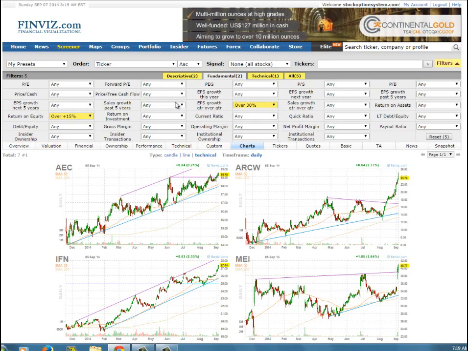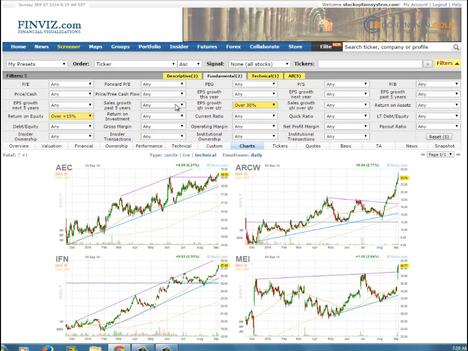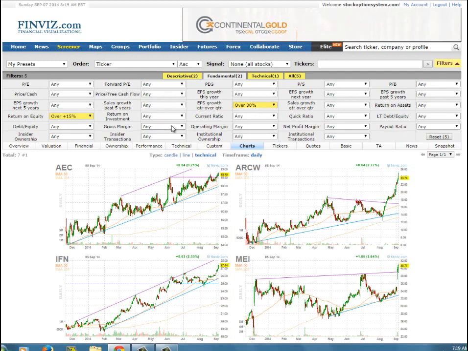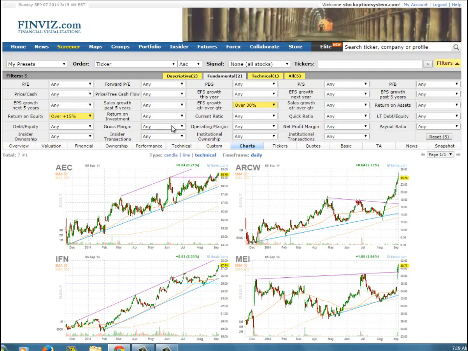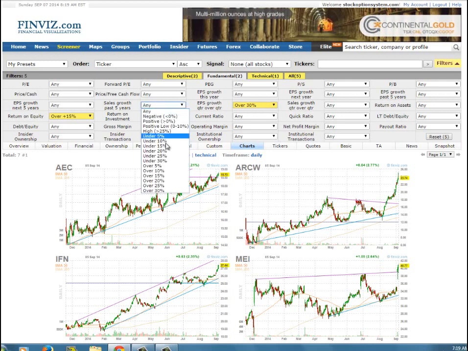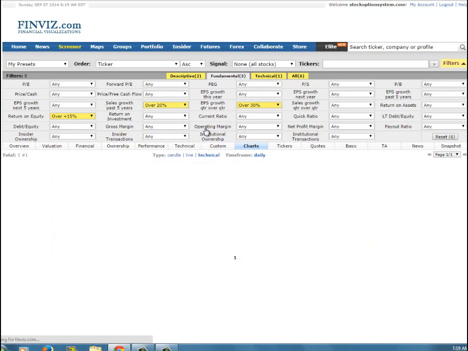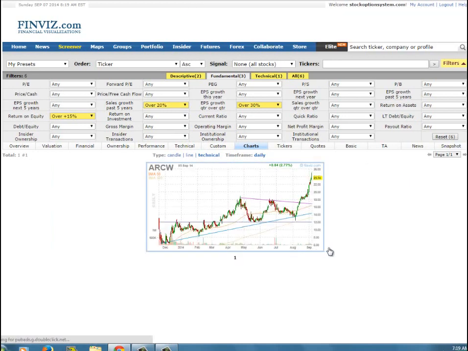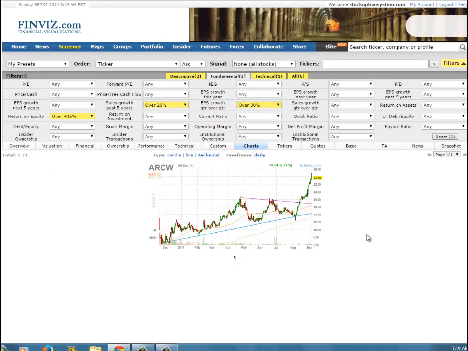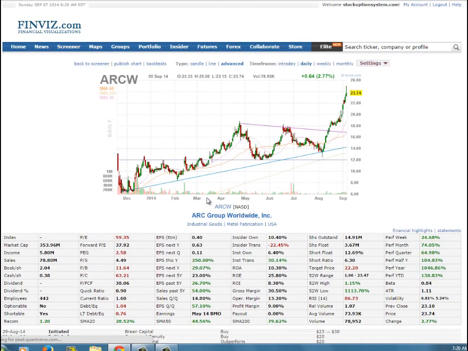Their sales growth for the past 5 years, quarter-over-quarter return on assets. Let's use this here. Yeah, one company. Let's take a look at that again.